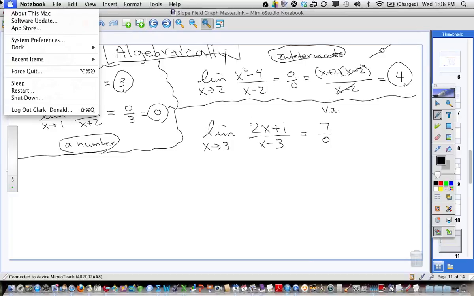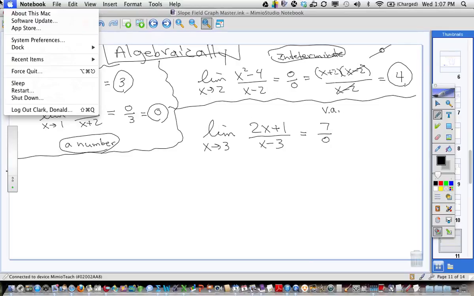Well, what happens if you take a number close to 7 and divide it by something close to 0? Now, how close? Well, real close. What's close to 0? How about like 1/1,000,000th? What if you take 7 divided by 1/1,000,000th? 7 million. A big number. And the smaller the bottom gets, what happens to the fraction?